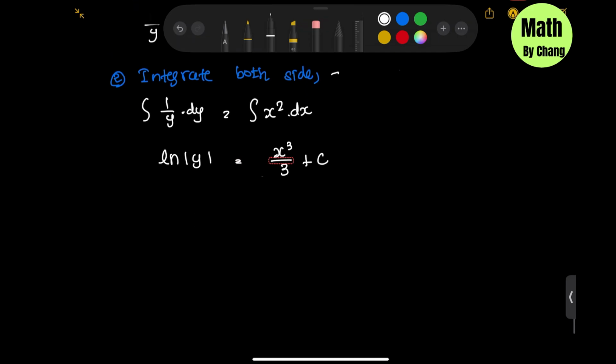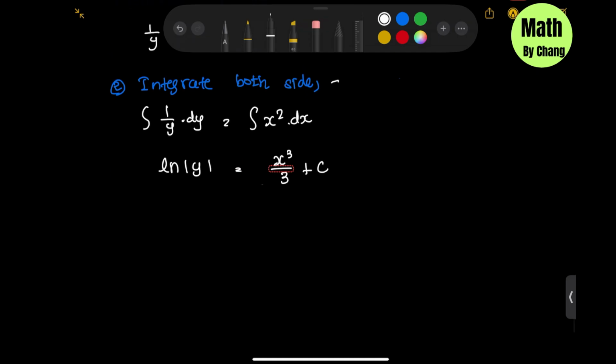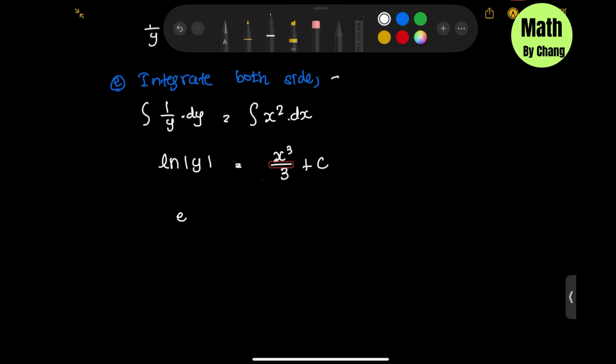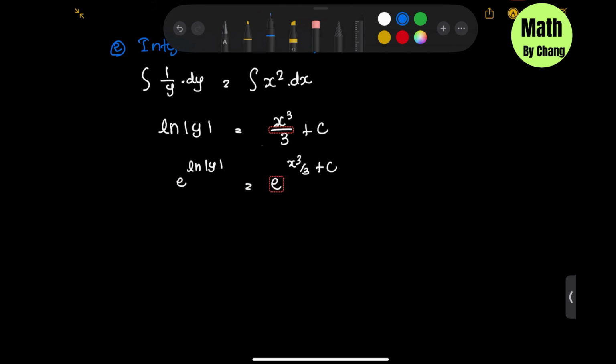So we do not want ln y, right? What we want is only y. So I will put exponents on both sides, so e power x cubed over 3 plus c, okay? So these two will cancel out, so you get modulus of y equal to this number, or this variable we can separate like this, right?